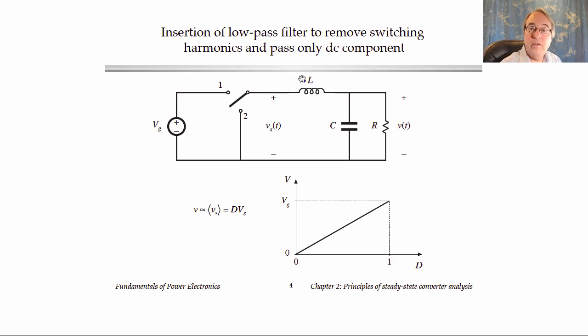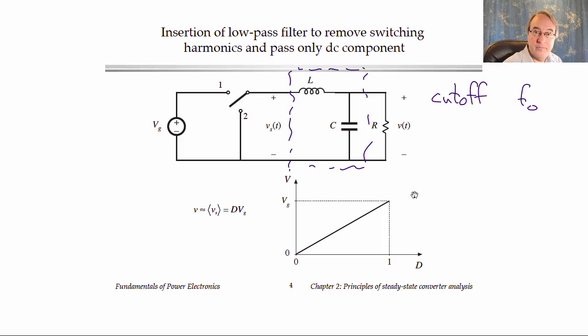Well, we remove the switching harmonics by introducing a low-pass filter, and we can build a low-pass filter using elements that ideally are lossless with a circuit such as this one. We can insert an inductor and a capacitor that will perform as a low-pass filter with a cutoff frequency that we call frequency F0.